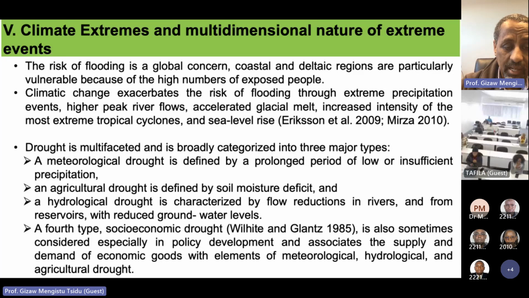But we also have agricultural droughts, which affect not just rainfall but also soil moisture, because sometimes even with mild or low precipitation, you can still carry on your agricultural activity and get some production, with low yield of course, provided that there is enough moisture in the soil.